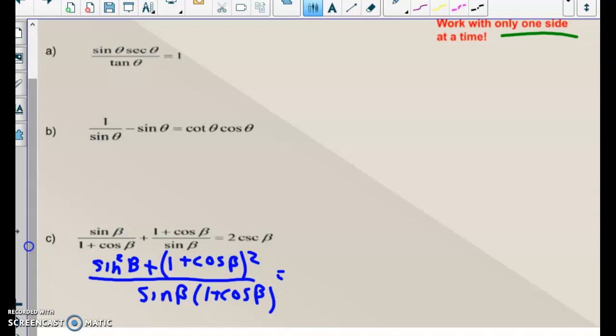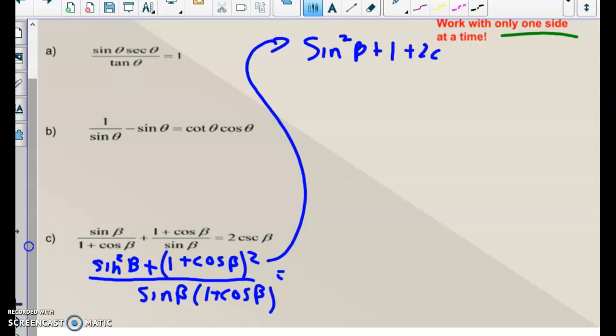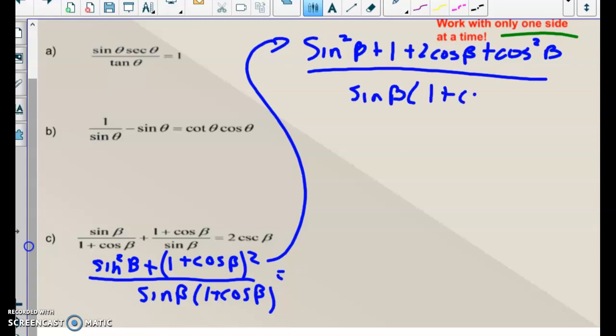So now that I have that, I'm going to need a lot of room here, so I'm going to rewrite this as sine squared beta plus 1 plus 2 cosine beta plus cosine squared beta, just spelling that out, all over sine beta times 1 plus cosine beta.